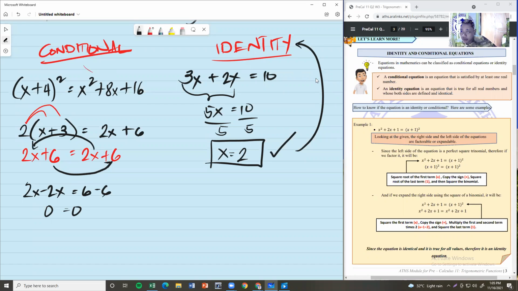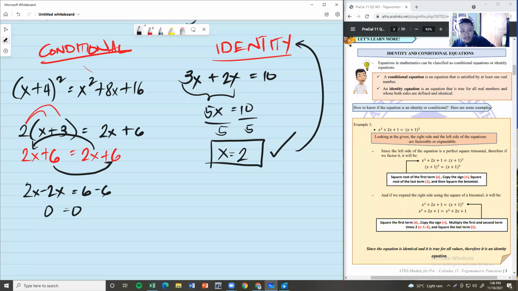Because there is no exact value for x, which means it may contain different values for x. What does that mean? It means it's a conditional statement, and the value of this equation depends on the value of x that we will be assigning.